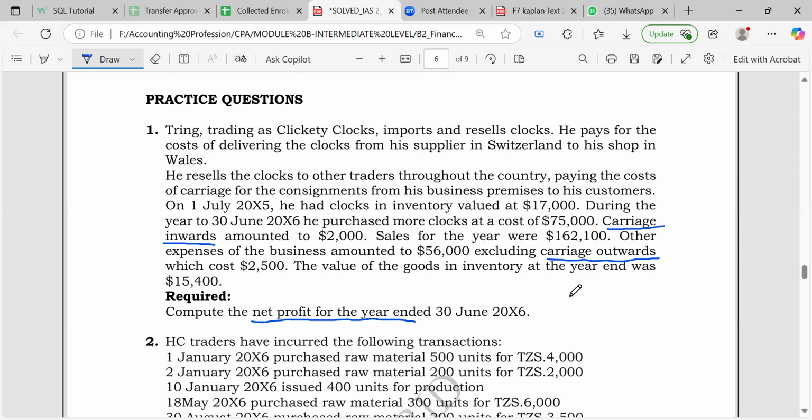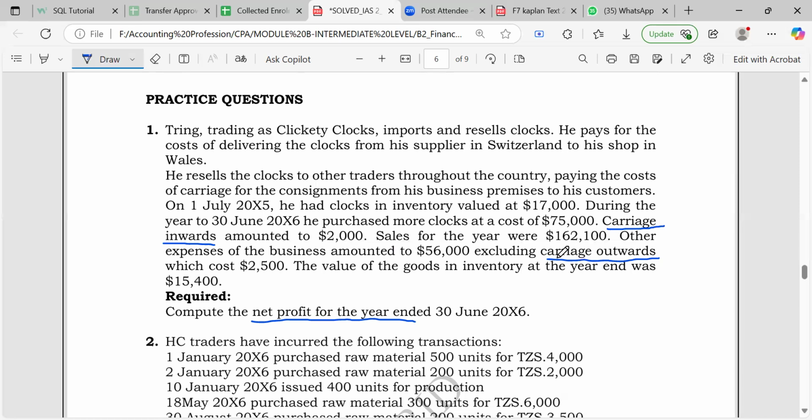Carriage inward forms part of cost of inventory, right? Because when you are buying something and you need to pay a certain amount for the inventory to be taken to its present location and condition, it is the cost directly attributable to taking the asset to present location and condition. But carriage outwards does not form part of cost of an asset.